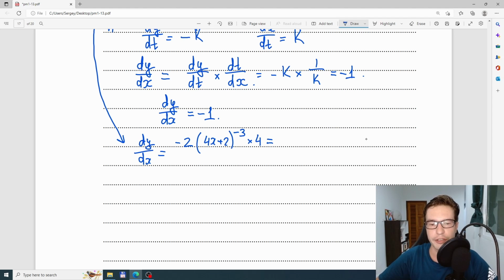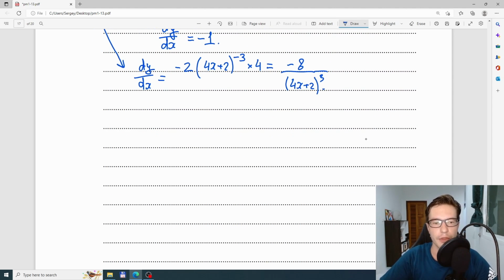If I simplify that, I will get minus 8 over (4x + 2) cubed. And now we can write the equation. Minus 8 over (4x + 2) cubed equals minus 1.